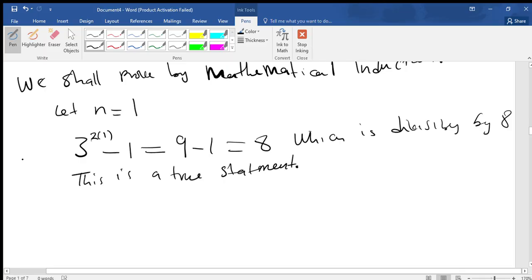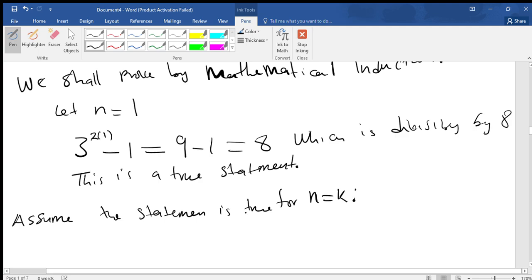Next, the inductive step. So in the inductive step, what are we simply saying? Assume the statement is true for n equals k. So if we assume that the statement is true for n equals k, it means that n becomes k. So what are we going to have?